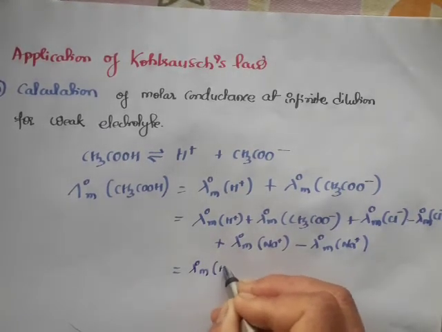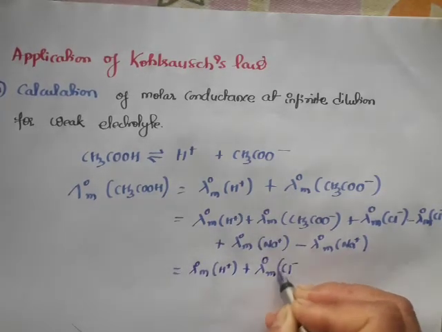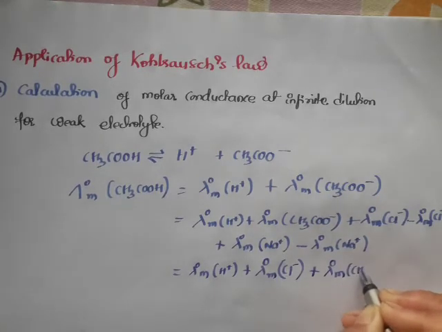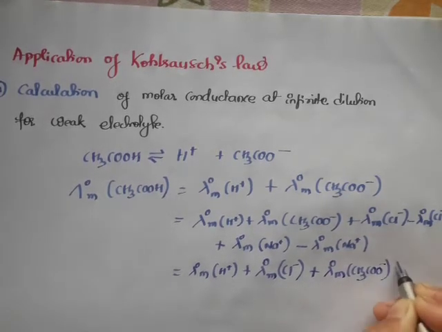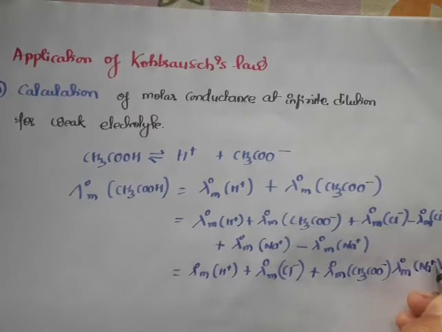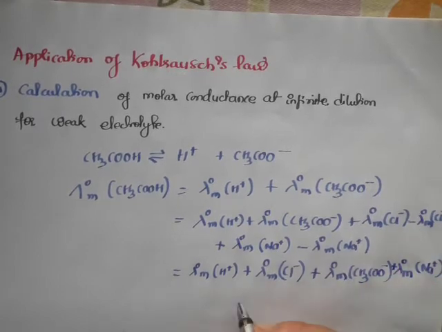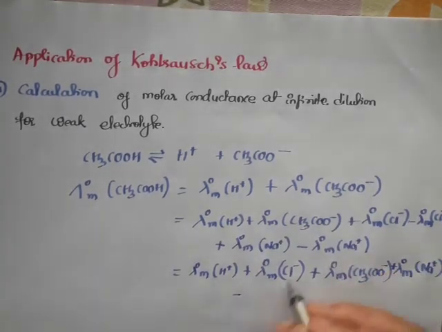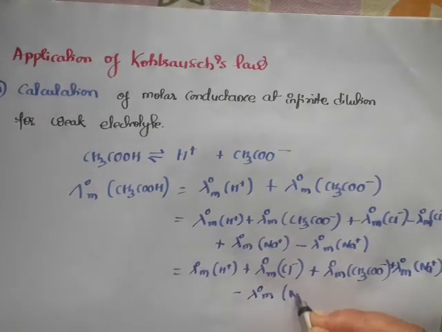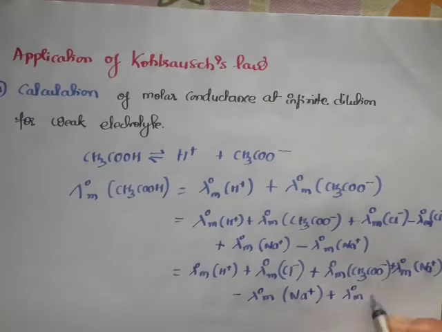Lambda naught m H plus and lambda naught m Cl minus. Similarly, lambda naught m CH3COO minus and lambda naught m for the Na plus ion. Now what is left? Na and Cl. These two are again a strong electrolyte, right? So when you take minus common, you will get Na plus and Cl minus.